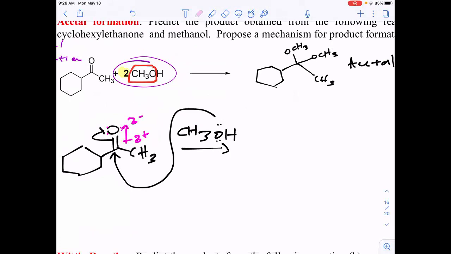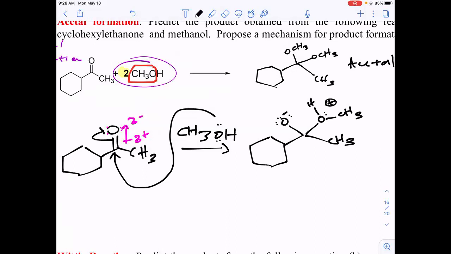So I'm going to end up with this intermediate. The CH3 is still here, and then OH, CH3.